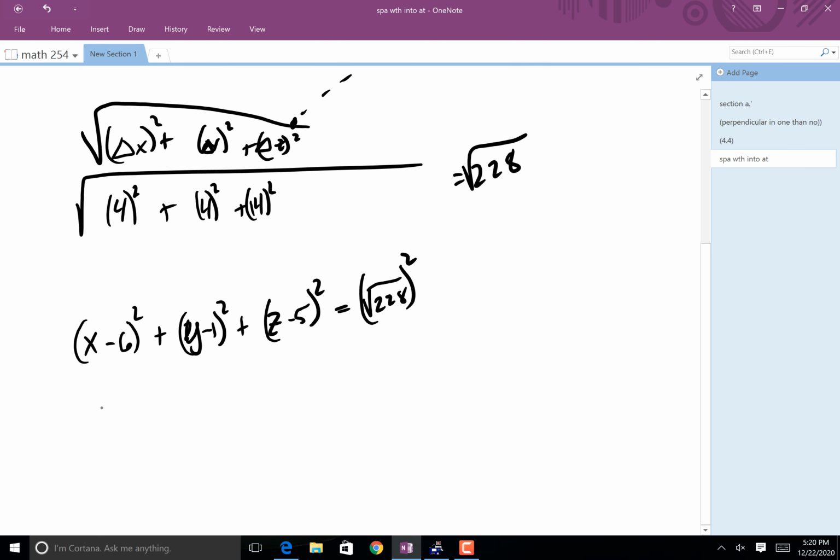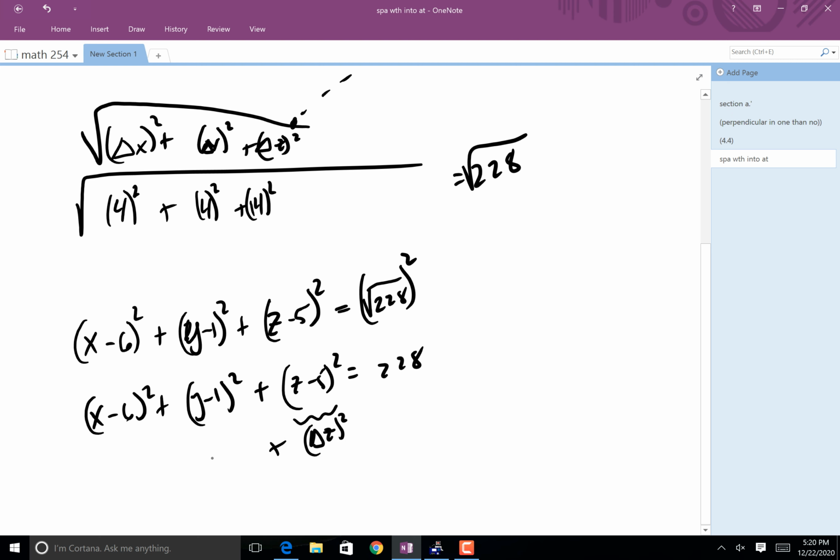Or another way of writing that would be to say (x minus 6) squared plus (y minus 1) squared plus (z minus 5) squared is equal to 228. What is this? Well, this is delta z squared, and this is delta y squared, and this is delta x squared. That's all it is.